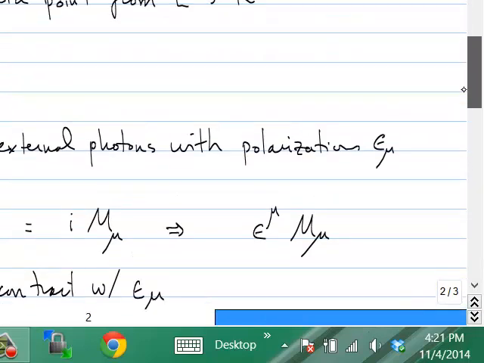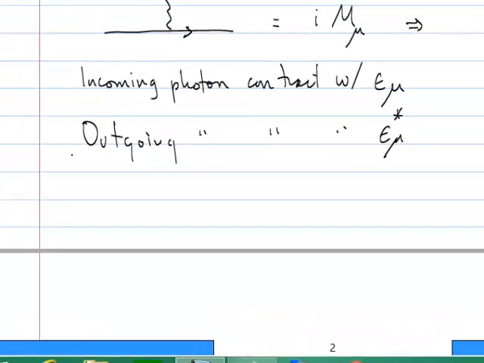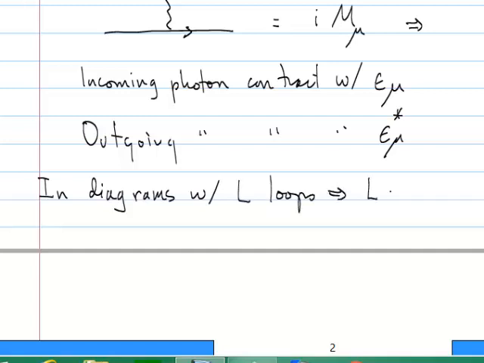And again, just to remind you, although we haven't been doing too many loop diagrams yet in this course, because loop diagrams get complicated and there are lots of thorny conceptual issues that arise when we consider them, as with scalar field theory, I just want to emphasize that in diagrams with, say, L loops, just as in the scalar case, there will be L undetermined momenta after we enforce momentum conservation at each vertex.